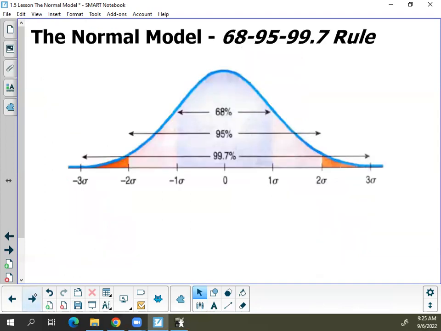And so you can calculate z-scores no matter what a distribution looks like, but they really come into play a lot when we talk about the normal model. So we have a symmetric distribution here. We would talk about the center being located at the mean. In this case, the mean is 0, 0 for a standard normal curve, but we can use values from our problems.